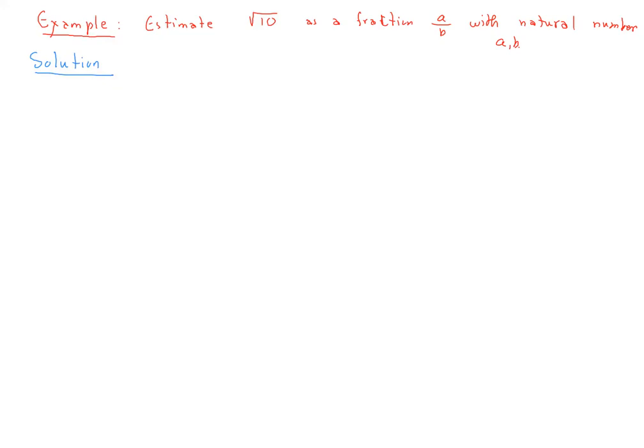And we would like to just find a nice fraction that could be a rough guess to what square root of 10 is. So the idea is to consider the function square root of x as a whole function and ask, is there any number close to 10 where computation of a square root is straightforward? And the answer is, of course, you have 9. I mean, some people might say you have 9 and then you have 16. Square root of 9 is 3, square root of 16 is 4, but the closer is 9.